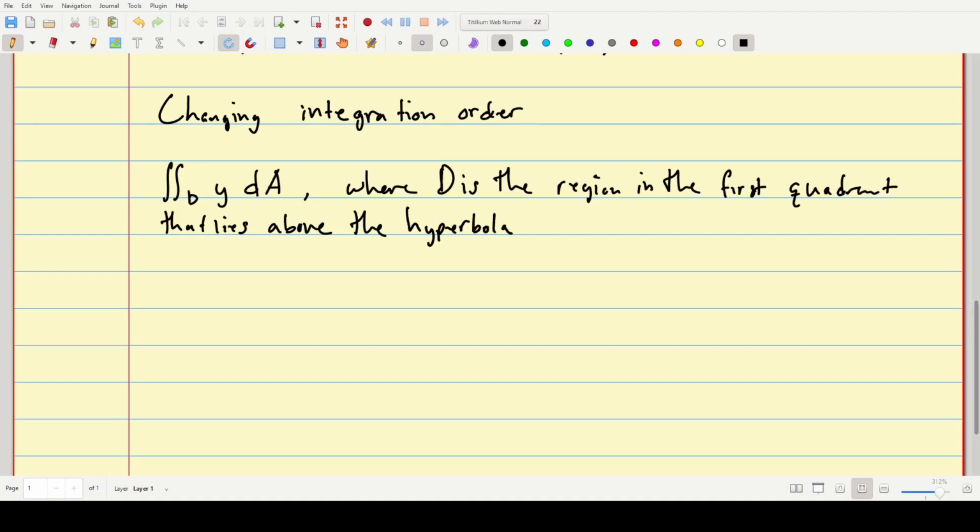So it lies above the hyperbola xy equals 1, and the line y equals x, and below the line y equals 2.